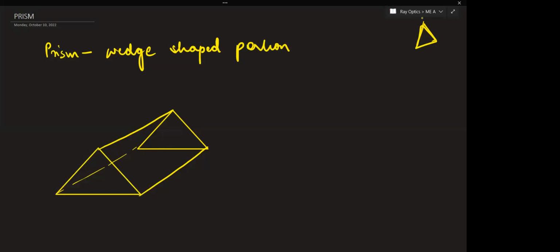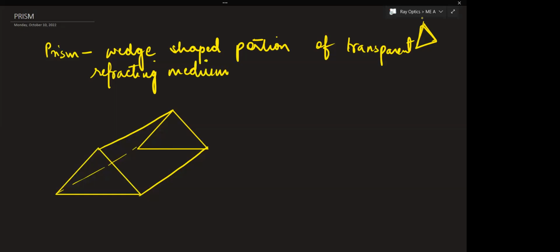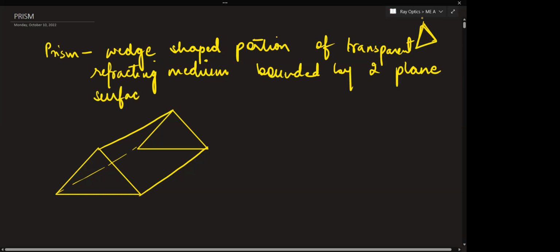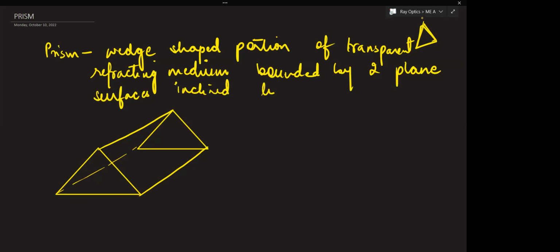Wedge-shaped portion of transparent refracting medium bounded by two plane surfaces inclined to each other at a certain angle.